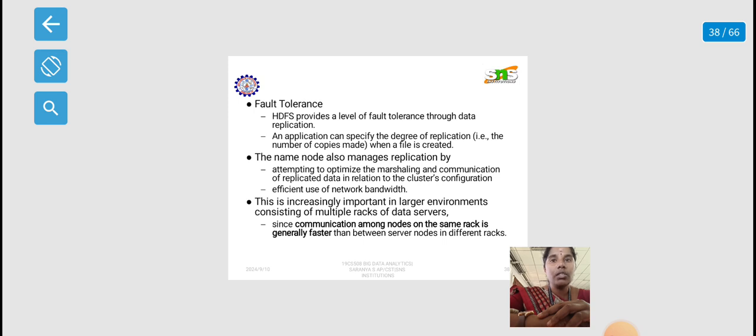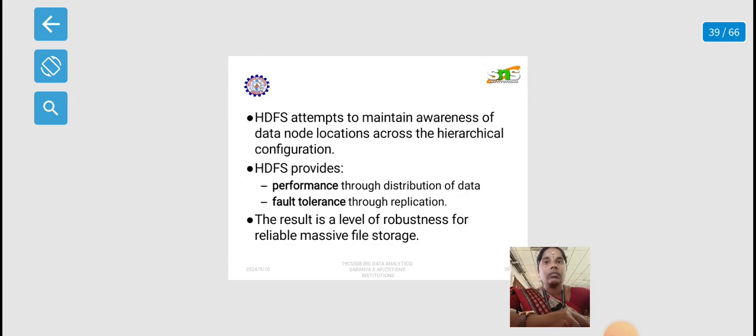Since the communication among the nodes on the same rack is generally faster than between server nodes in different racks, HDFS attempts to maintain awareness of data node location across the hierarchical configurations.